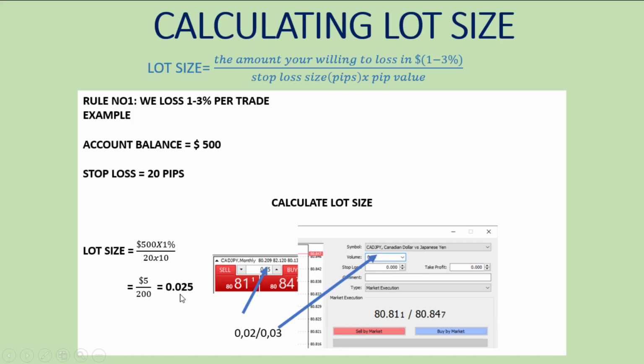But because this is 0.025, MT4 will allow only 2 decimal places. It is now up to you to round this number to 3 or leave it as 2. Okay? It will be close to the amount that you are willing to lose.